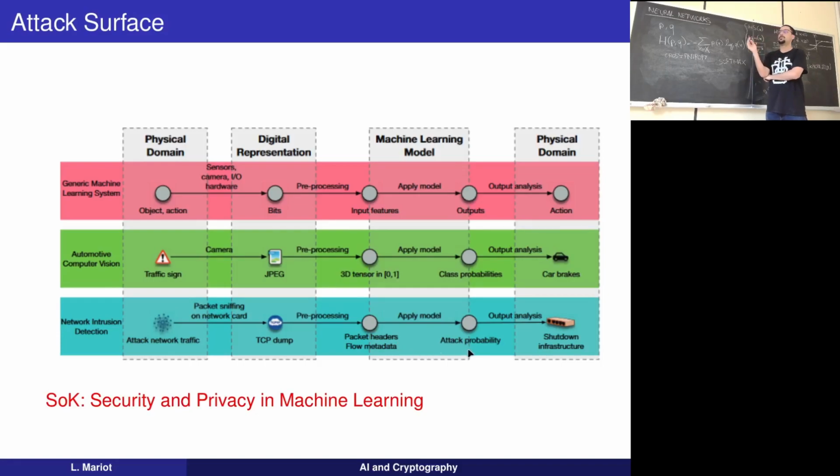Then you apply the model and you say, okay, the packets that I'm seeing are, for example, representative of possible malicious behavior. So someone is trying to intrude my network or not. If so, then you take some action, like shutting down a part of your network infrastructure. And in general, the generic machine learning system always follows this kind of attack surface model.